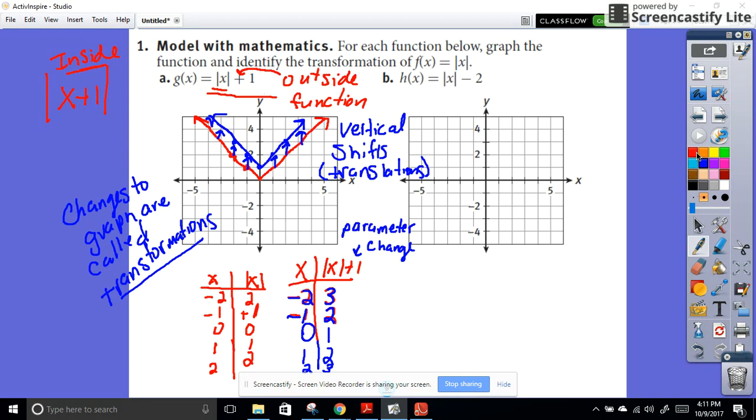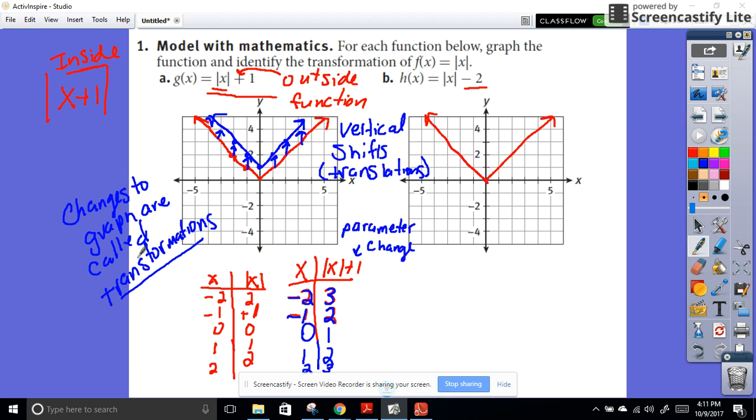So with that understanding, let's go over here. We know what our parent function looks like. And our goal, remember, is to have the parent functions memorized. Yes, you're going to want them memorized. And be able to look at the parameter change and predict or actually execute the graph with the transformation, okay?